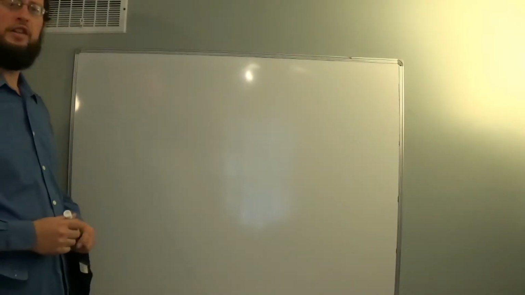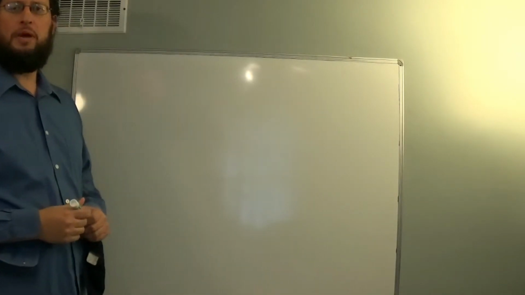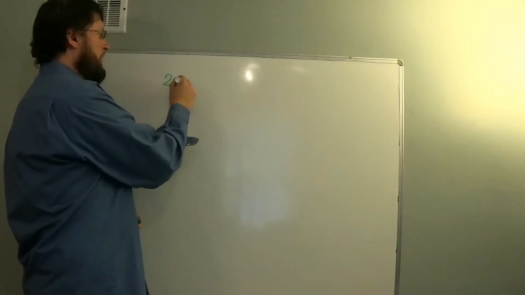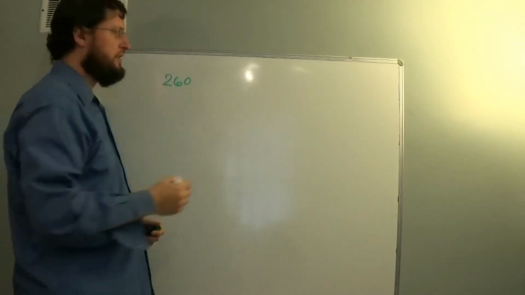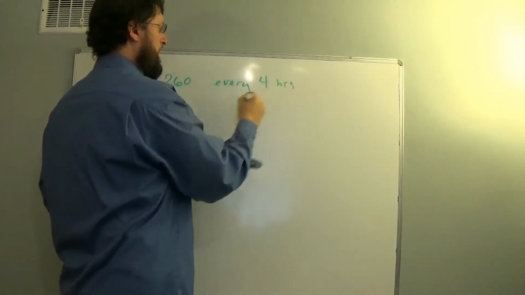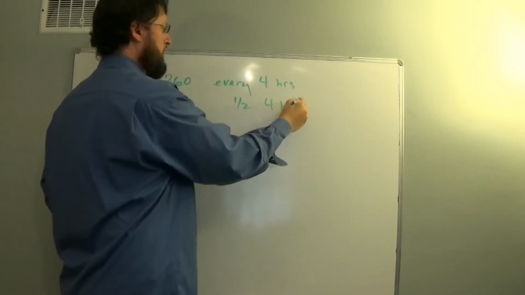And so let's take another look at how we could have answered this problem using some of the ideas from a previous section. Remember that we had 260 milligrams given every 4 hours, and it has a half-life of 4 hours.